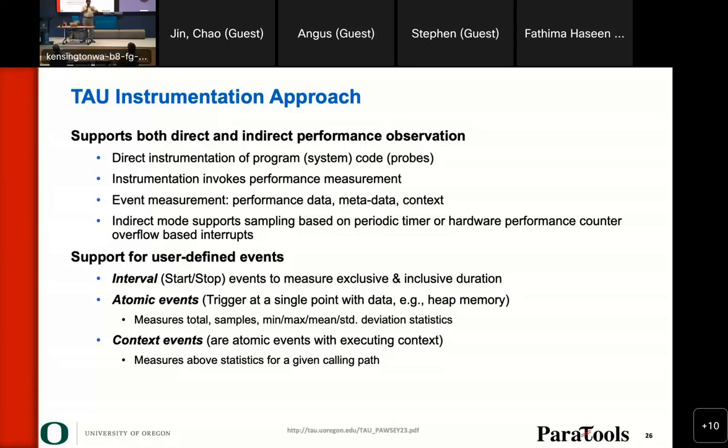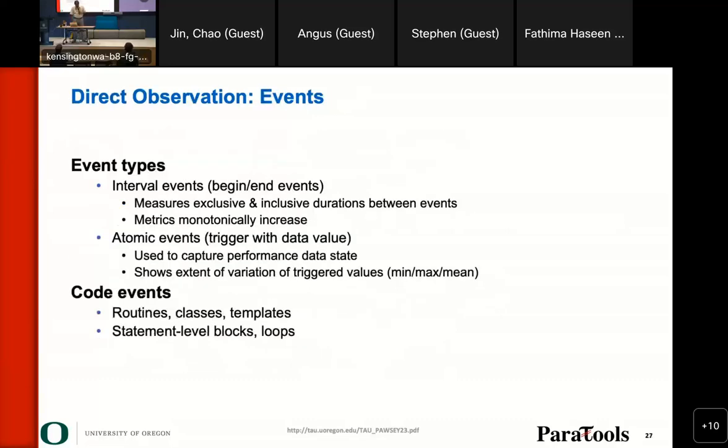So it's a hybrid approach where you can have direct instrumentation that gives you accurate measurements for inclusive and exclusive time, and then indirect methods such as event-based sampling, and generates data that shows you what the application was doing in the rest of your code. Okay? And you can have both these interval events with begin and end, start and stop timer calls, and interrupt events where you have just the number of samples collected.